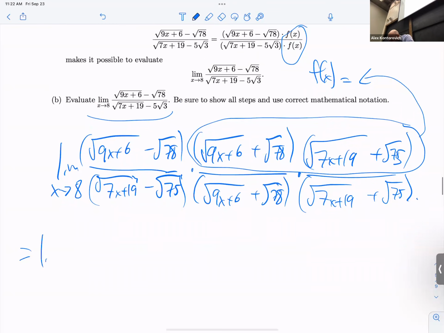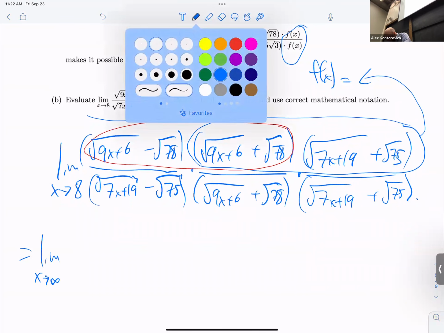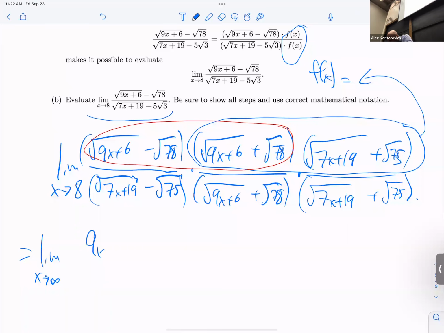So this is not going to be that bad. It looks bad, but it's not going to be bad. Great. These two together, all right, let's take them in pieces. These two together is very easy to work out, because it's just 9x plus 6 minus 78. Right? Difference of squares. Same thing over here.